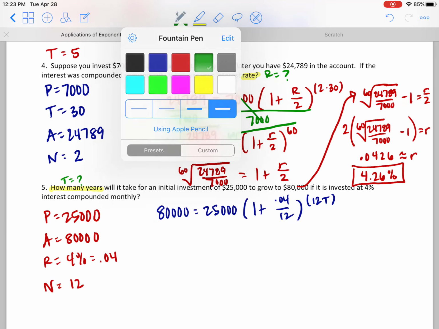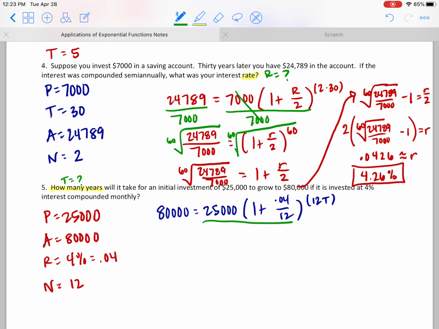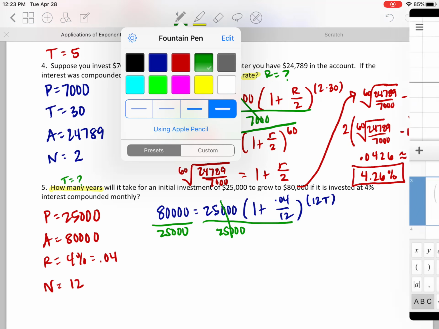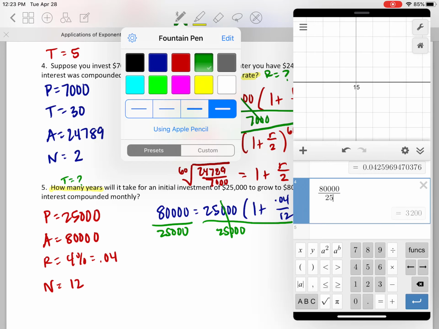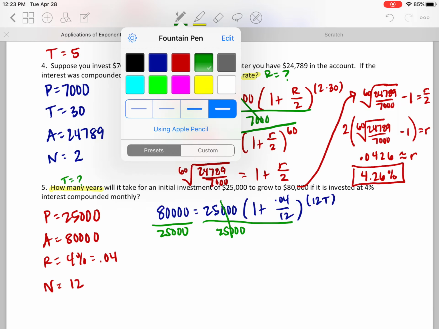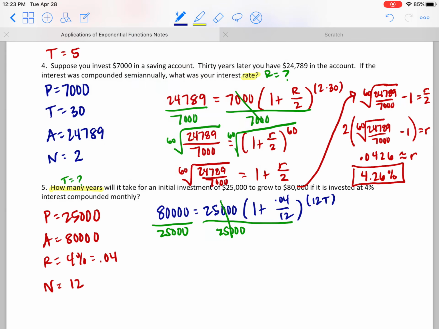So we have 80,000 equal to 25,000 times 1 plus r over n raised to the nt power, so 12t power. So we're going to try to solve for t in this one. Let's still begin by getting rid of that 25,000.